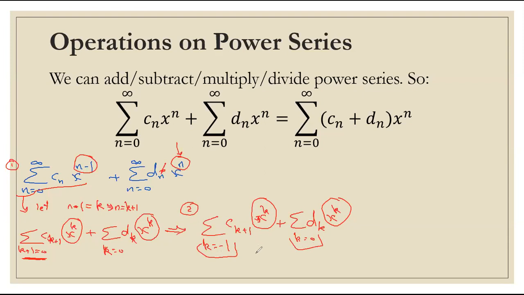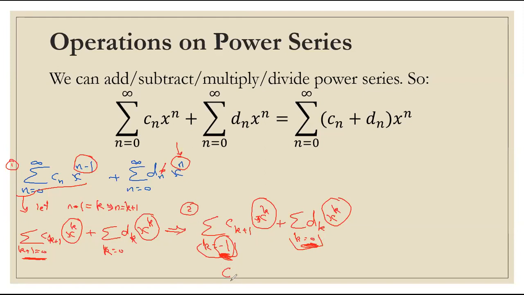I'm going to expand the smallest index to be the same as the greatest index. Here k is negative 1 and here k is 0. The smallest one is this, so I'm going to expand this index to be similar to this. Let me write the first term when my k is negative 1.